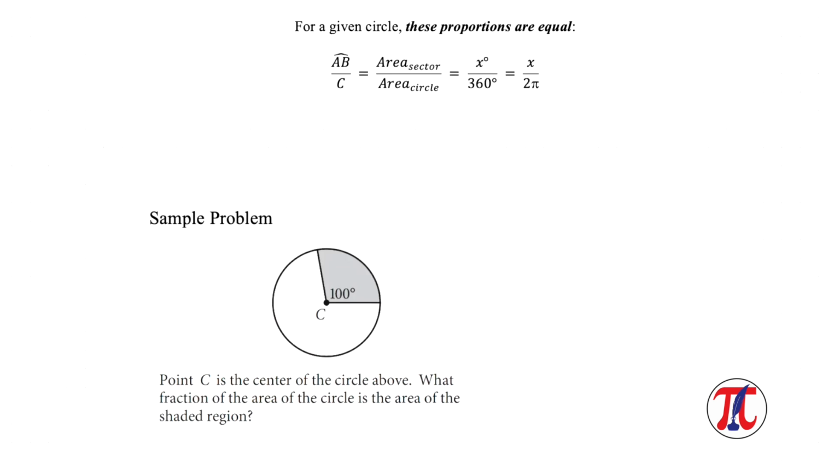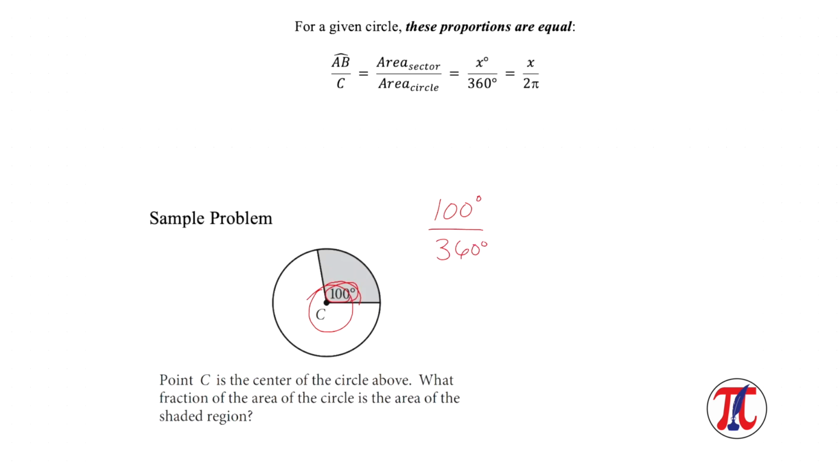Well, we can see that the central angle of the shaded sector is 100 degrees. So we know that 100 degrees is some portion of all the degrees going around. 100 degrees compared with 360 degrees is the fraction we're looking for, because all these fractions are the same.